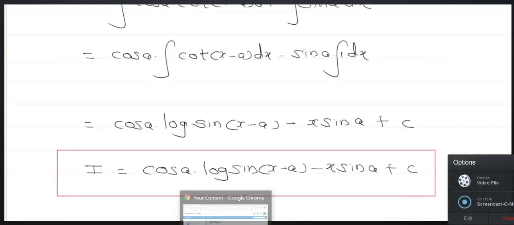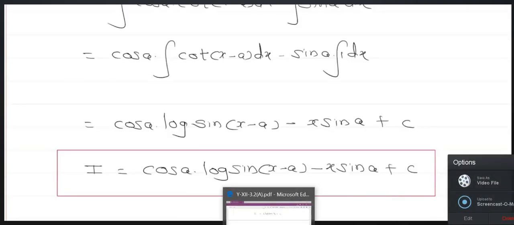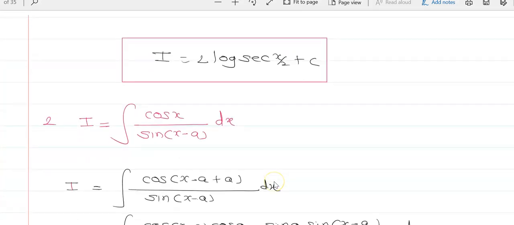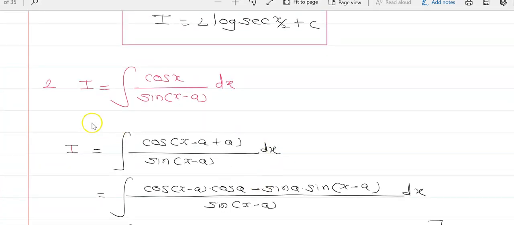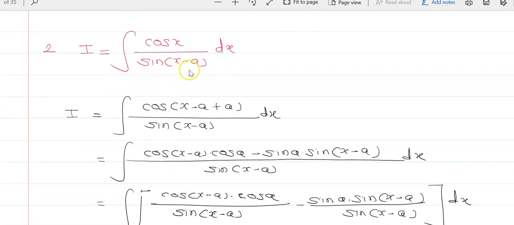Now see this, the same answer I will repeat here. I is equal to the integral of cos x upon sin of (x − a), and again the angle of this sine, which is x − a, will be adjusted in the numerator. Therefore cos of (x − a + a).